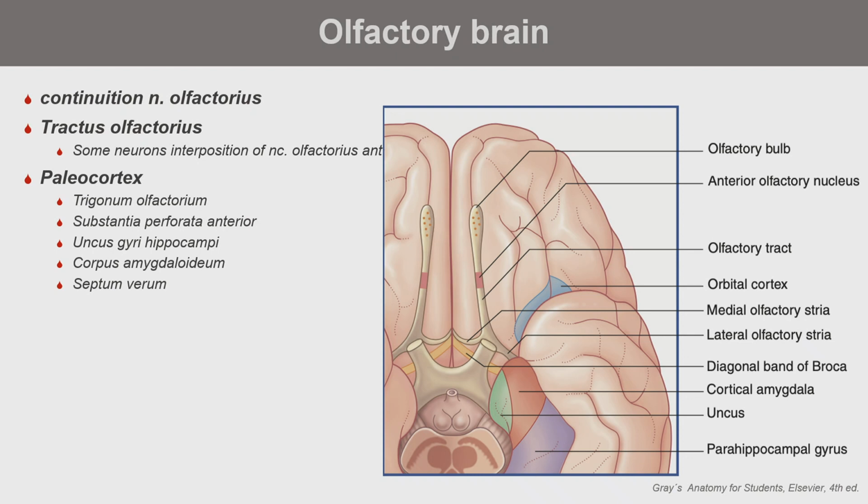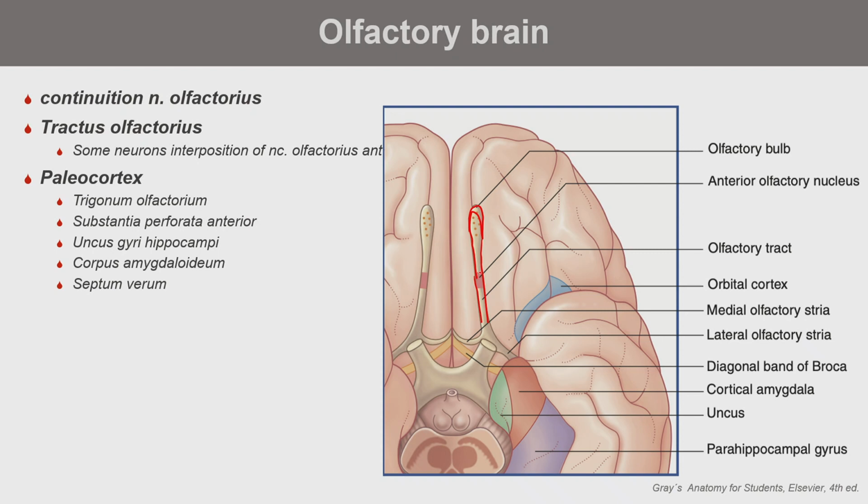So, rhinencephalon, the olfactory brain, is a continuation of nervus olfactorius or associated structures. So, the olfactory nerve has a bulb, and then it is followed by the tractus olfactorius.